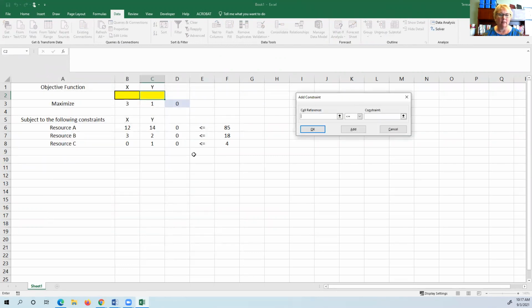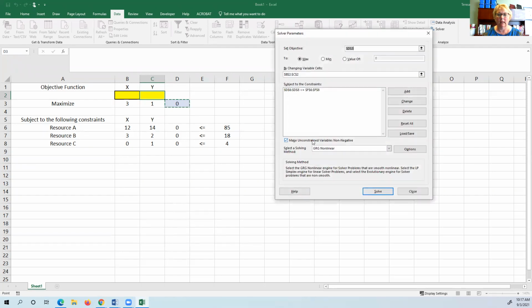And because these are all the same sign, I can say all of these 3 values need to be less than or equal to these 3 values. So my right-hand side of my constraint is the resources used. I'm making them non-negative, and I'm going to use Simplex LP to solve.